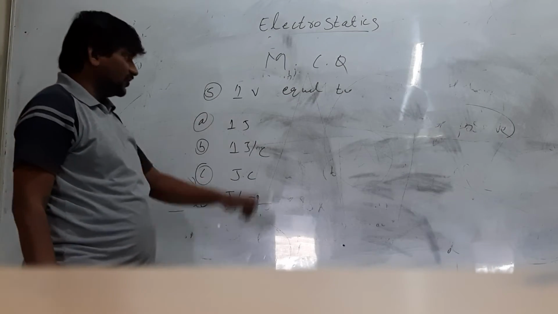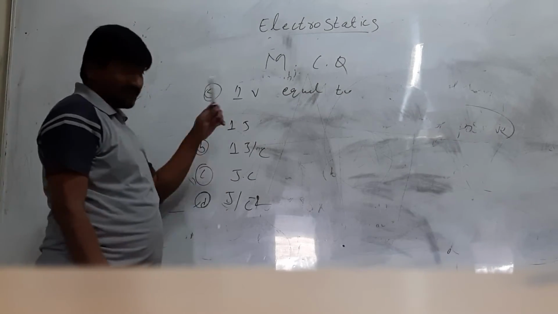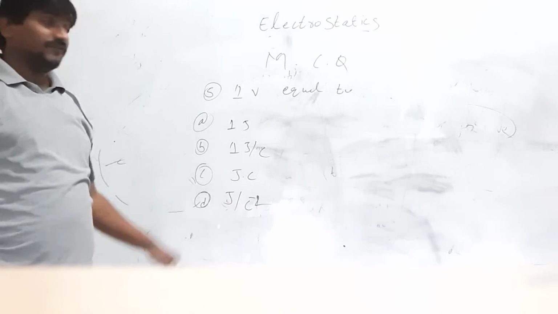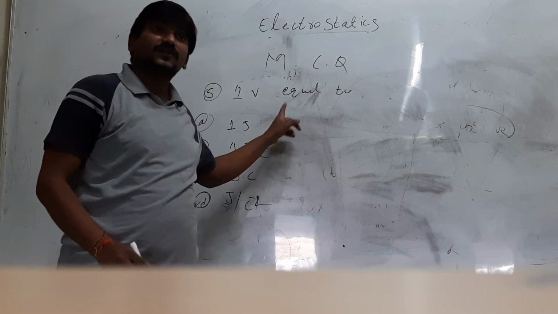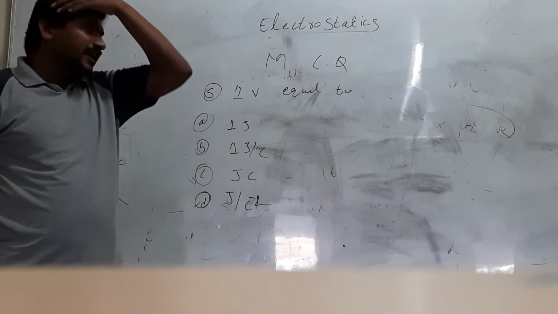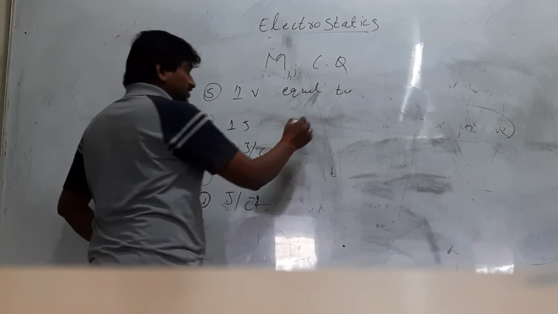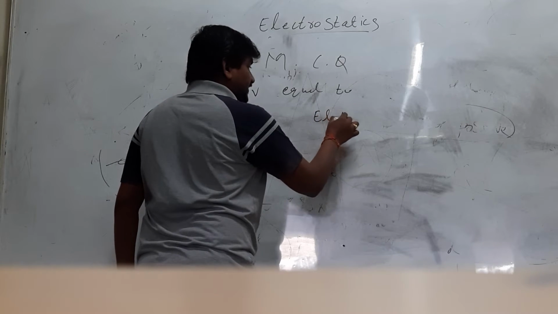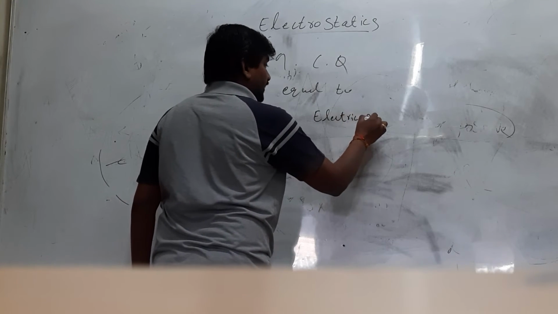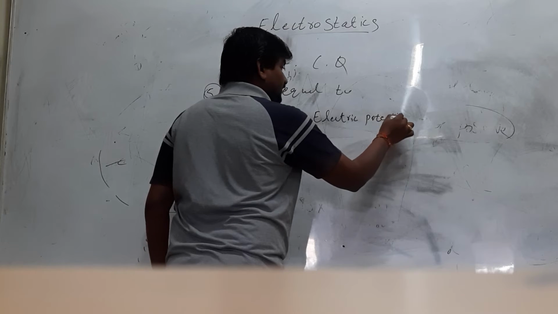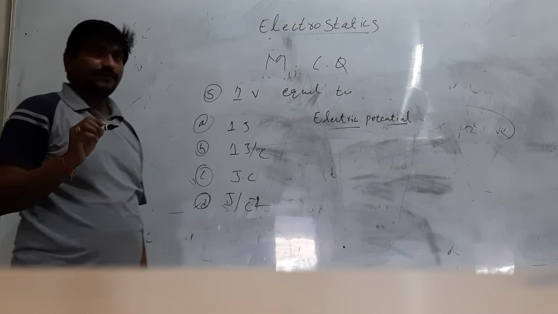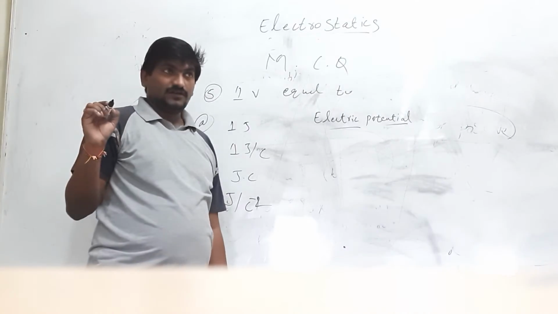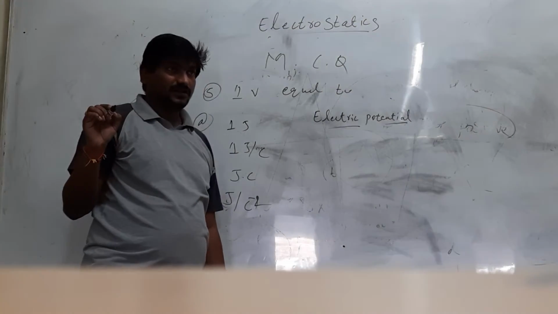1 volt equals to what? What do you mean by 1 volt first of all? 1 volt is the unit for electric potential. We have studied this from our 10th standard itself. What do you mean by electric potential?